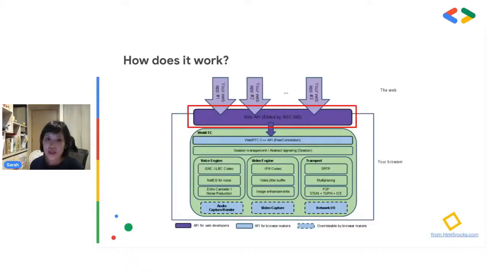The diagram here depicts what WebRTC does under the hood. We as developers only need to interact with the API exposed, while WebRTC, which under the hood is implemented in C and C++, takes care of transmitting the audio, video, and data.